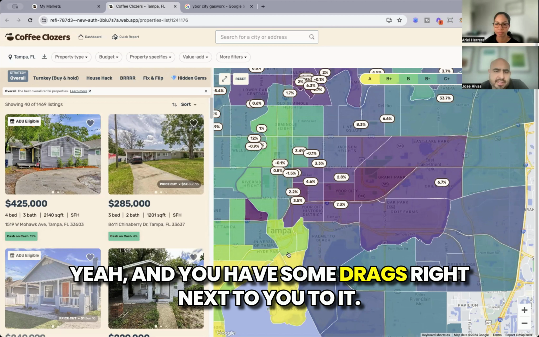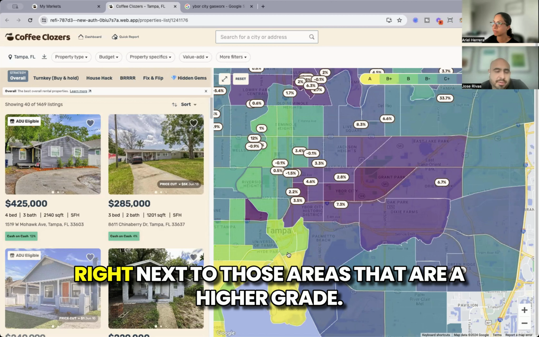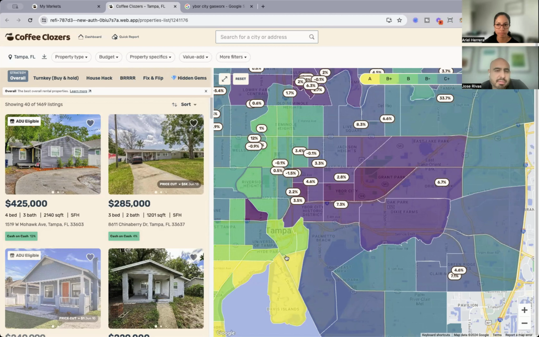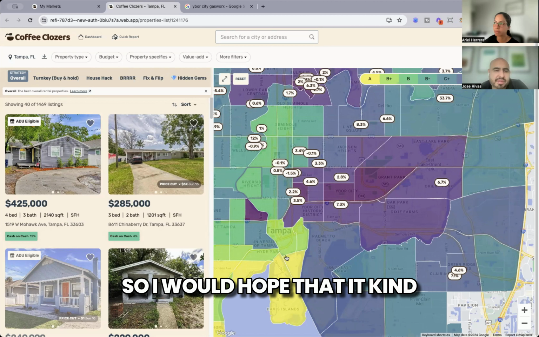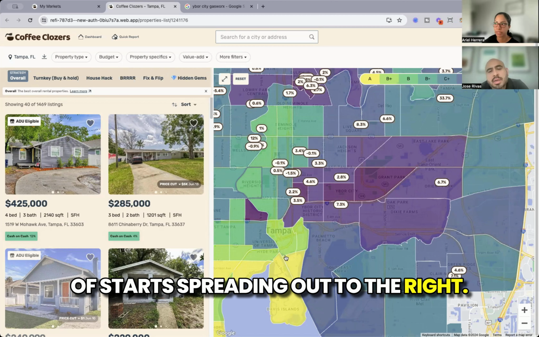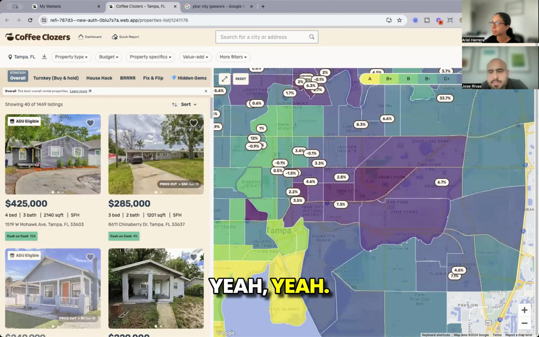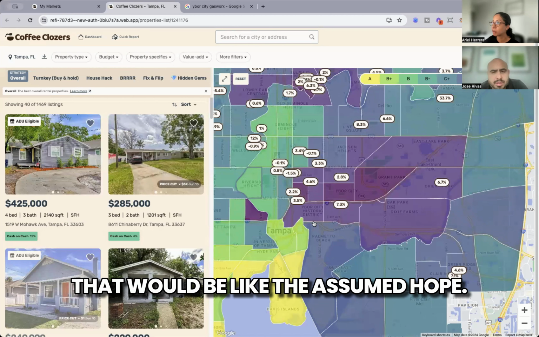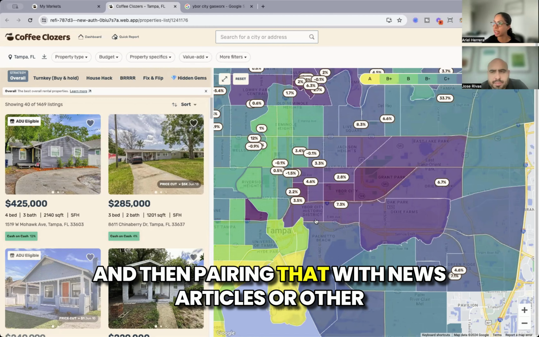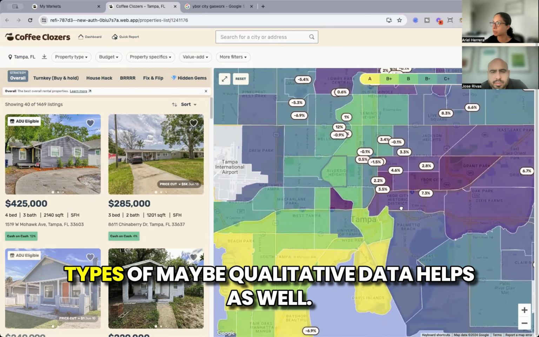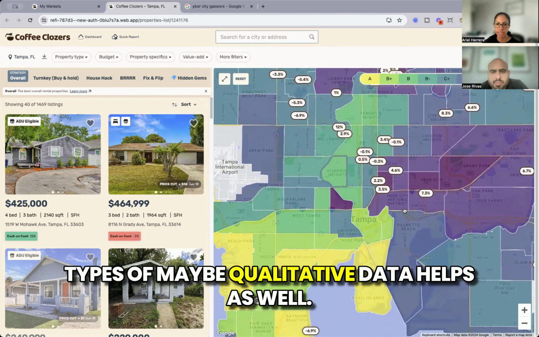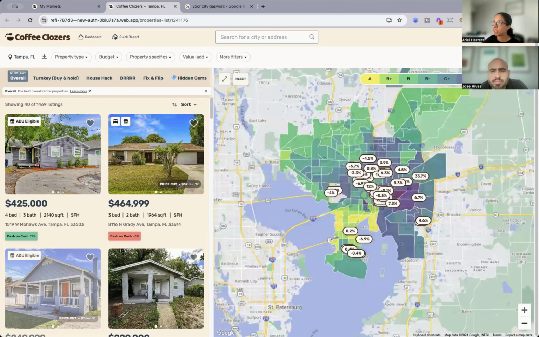Yeah, and you have some tracts right next to those areas that are a higher grade. So I would hope that it starts spreading out to the right. Yeah. That would be the assumed hope, and then pairing that with news articles or other types of qualitative data helps as well.